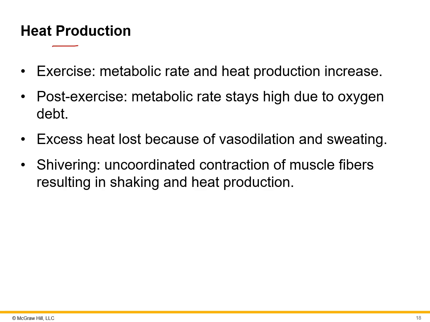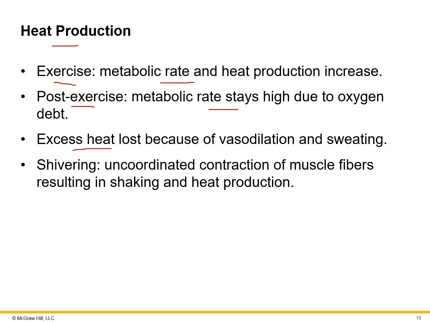Now, heat is another one of the functions of muscles, one we don't really think about other than shivering. During exercise, the metabolic rate and heat production increase. Not all energy is converted. It's not efficient, so some gets lost as heat. Even after exercise, the metabolic rate stays high because it's trying to replace the oxygen, due to the oxygen debt, and replace the glycogen that was lost, which stores all of our energy for us.